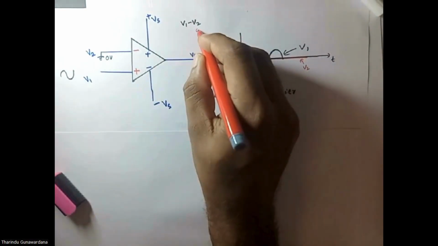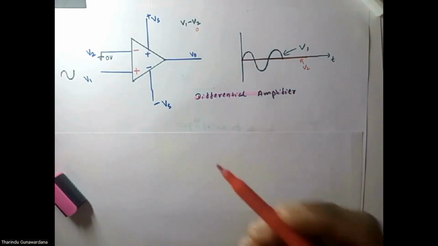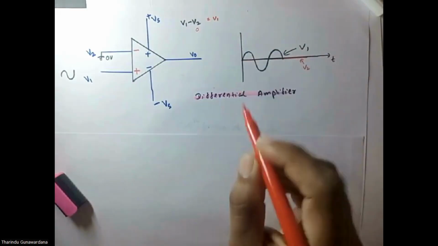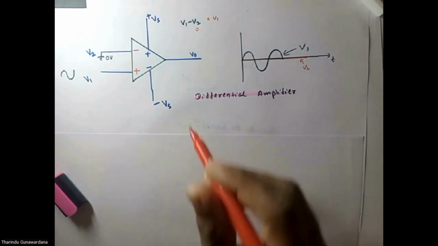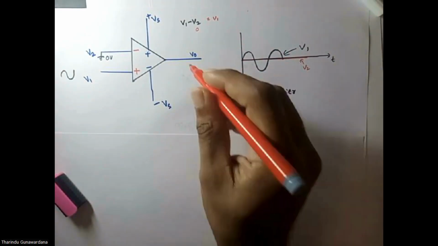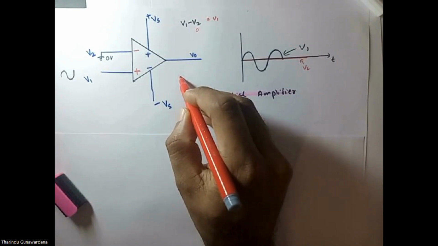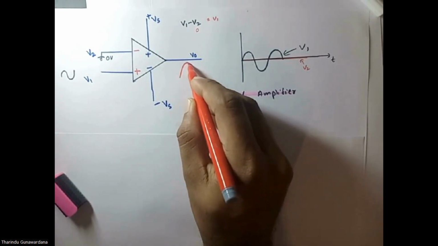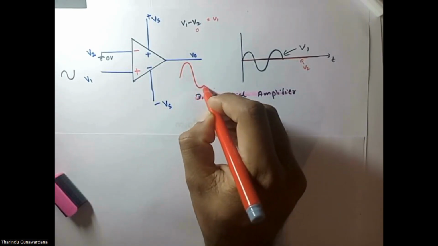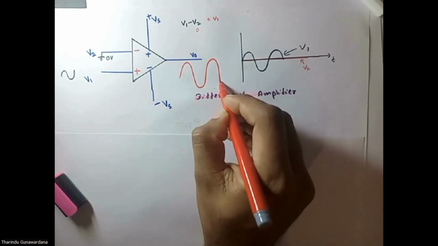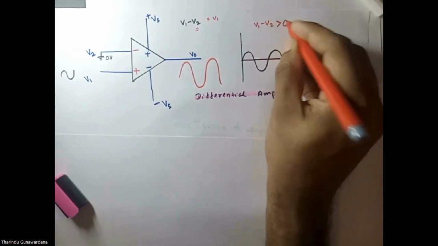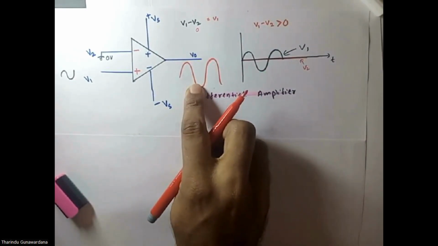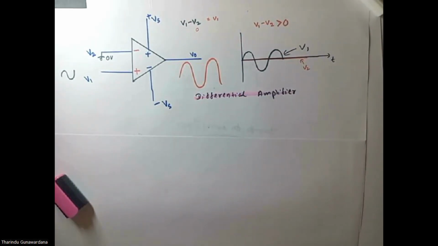So the output is the non-inverted one, and it is amplified. That means if V1 minus V2 is greater than 0, we have a non-inverted output.